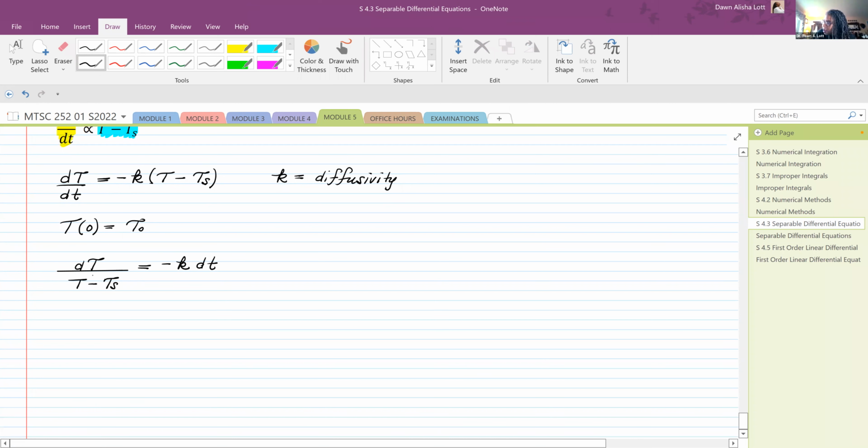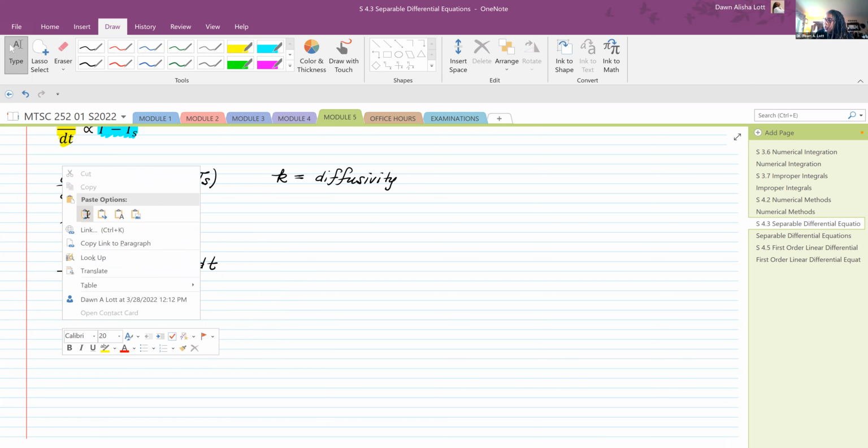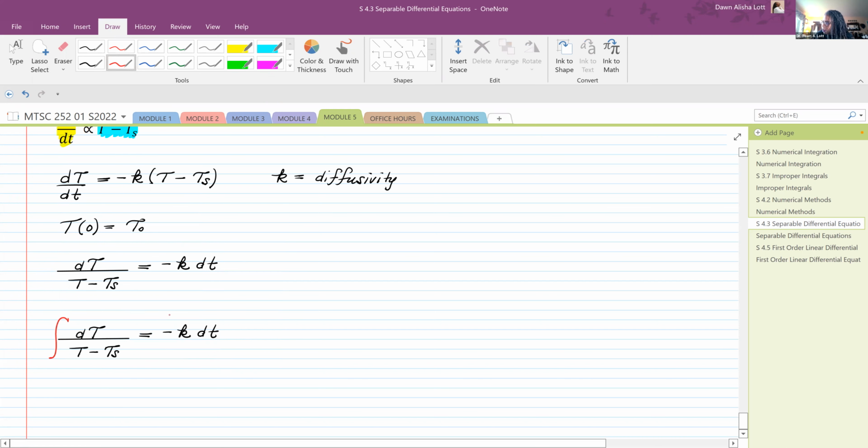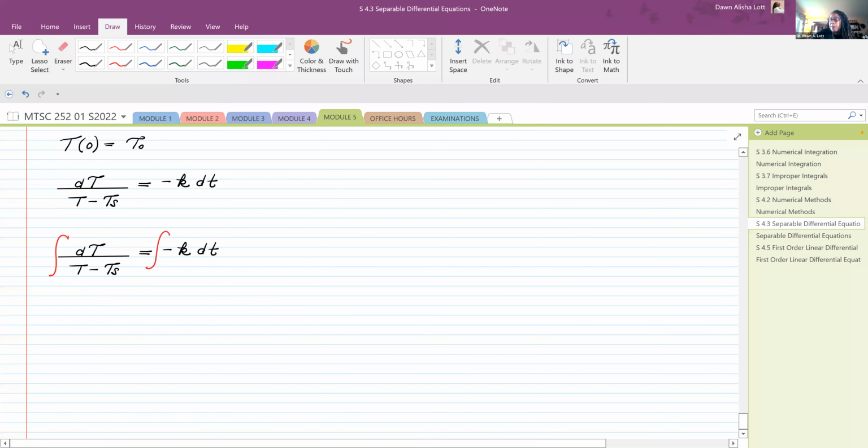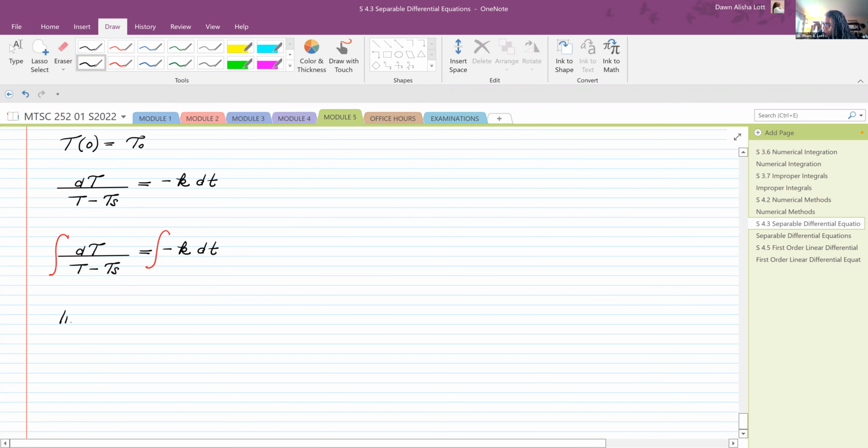So now when I integrate both sides, on the left-hand side, I get the natural log of the absolute value of T minus Ts. And on the right-hand side, I just get minus kt plus a constant, nice and simple.